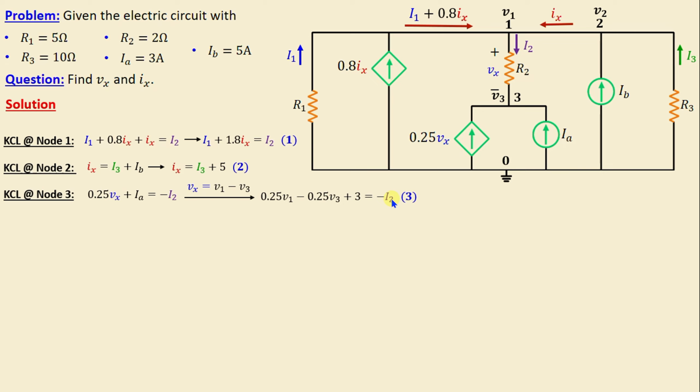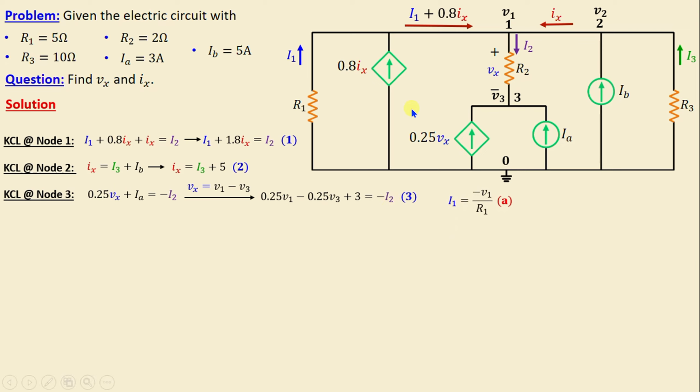According to Ohm's law, the currents can be expressed as the voltage difference across a resistor divided by the resistance. This implies that the currents can be determined by the following equations.